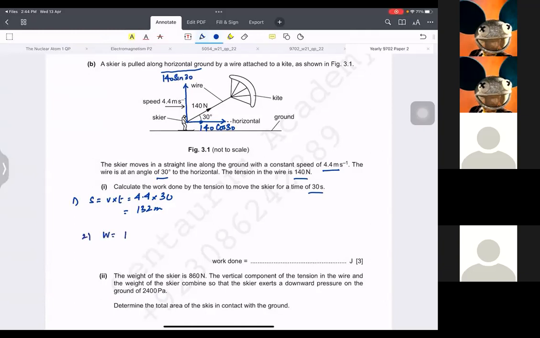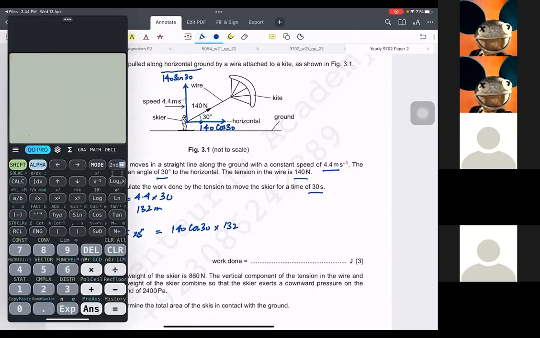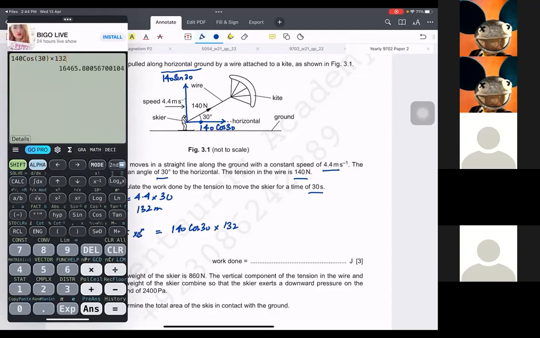So work done equals force times displacement. Force is 140 cos 30 times 132. So it is about 1.6 times 10 raised to power 4. So that should be the answer, I think.